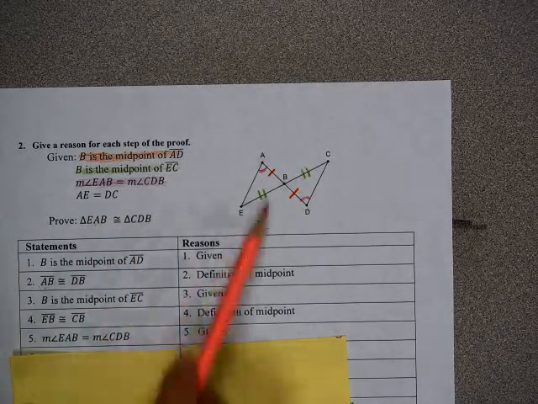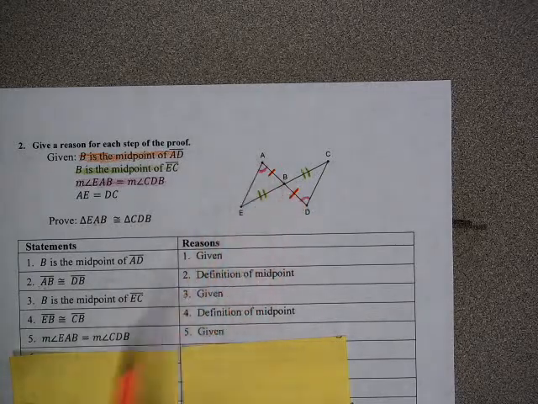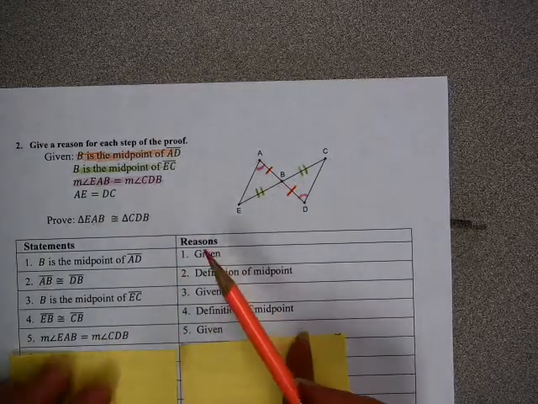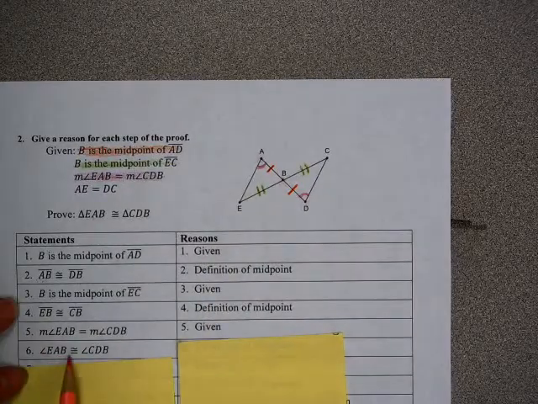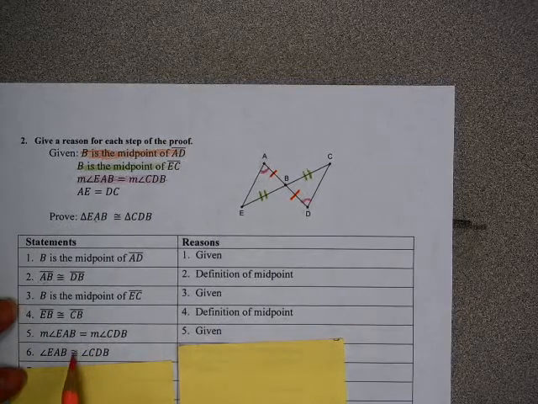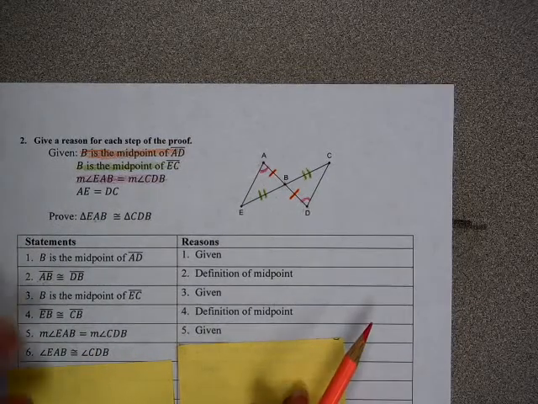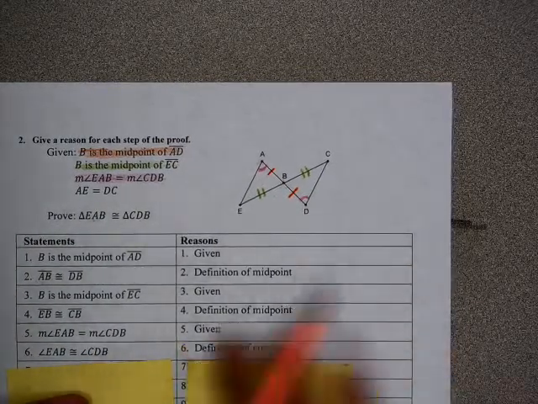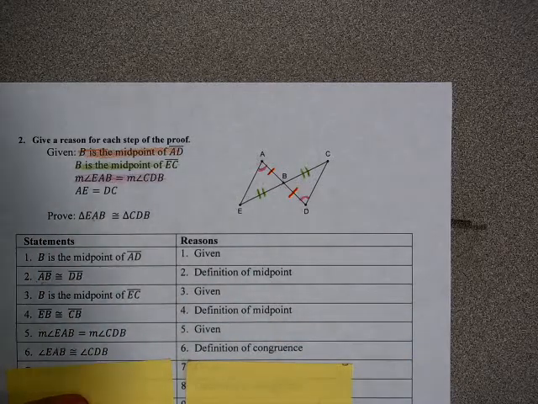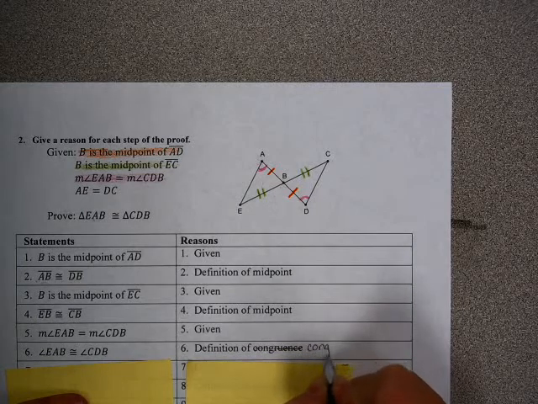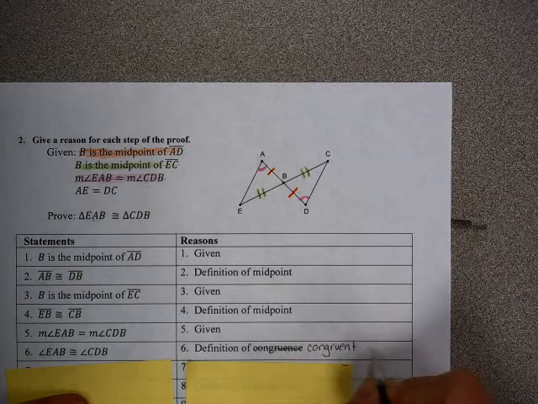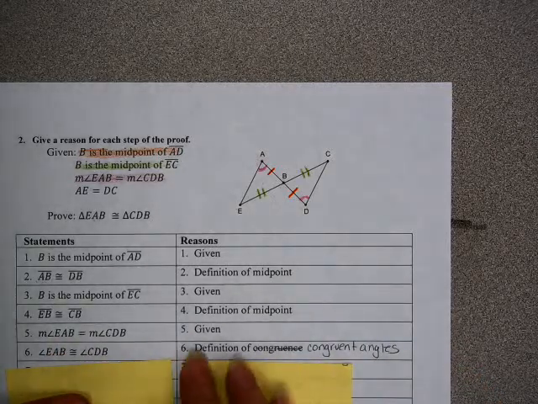I have to have those two angles congruent. So I need to rewrite this. I need to change it to be angle EAB congruent to angle CDB. And I get to do that using the definition of, and we need to change this, definition of congruent angles, because these are angles we're talking about.